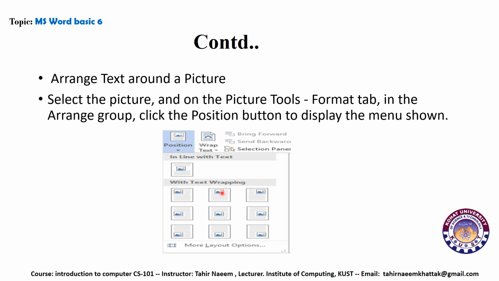Here we have placed our picture in the center, while the left and right are the position of the text, while here the picture is moved to the right. And here are the different layout options we can select according to our requirement. We can also go further to More Layout Options.